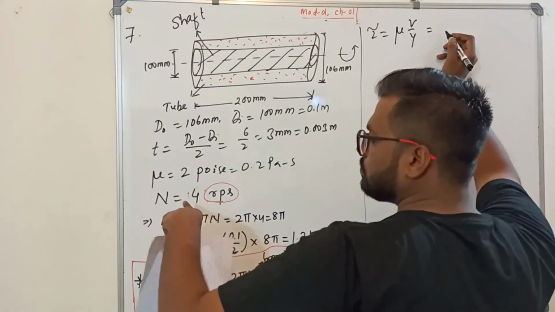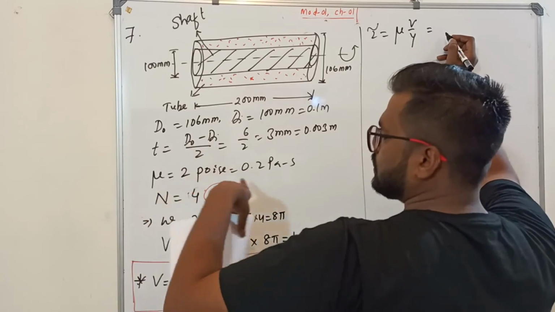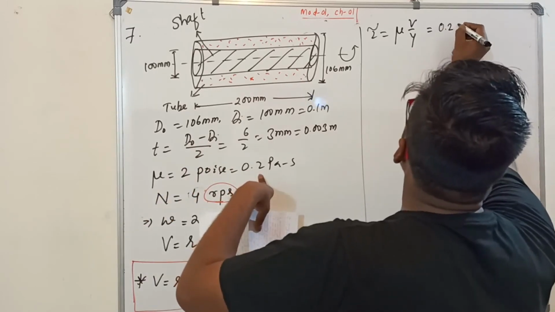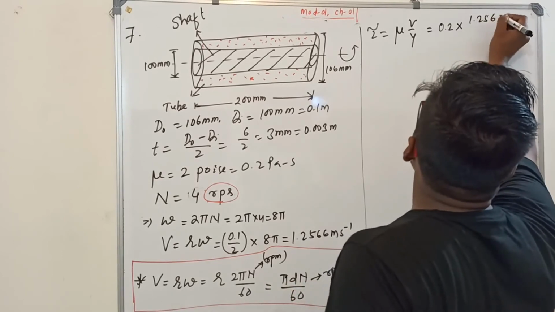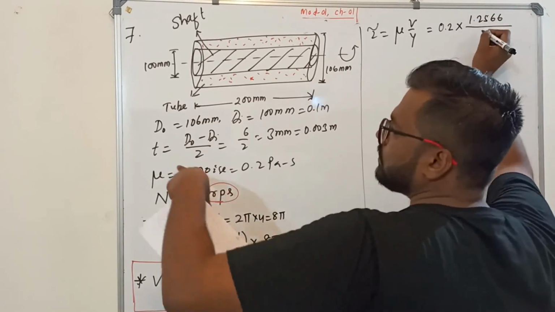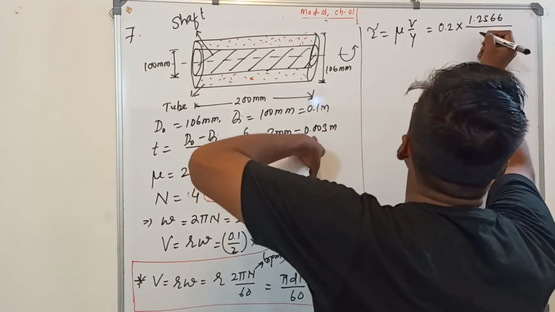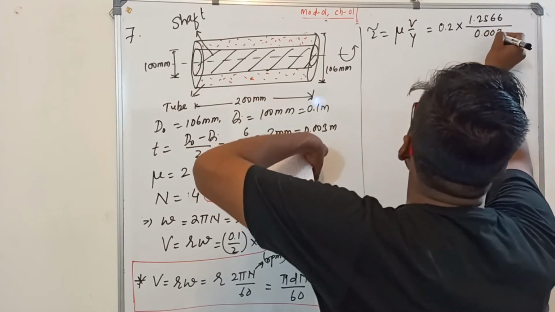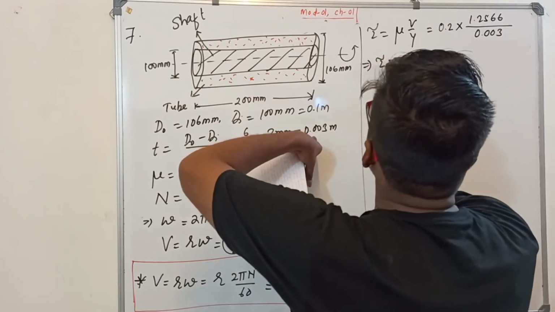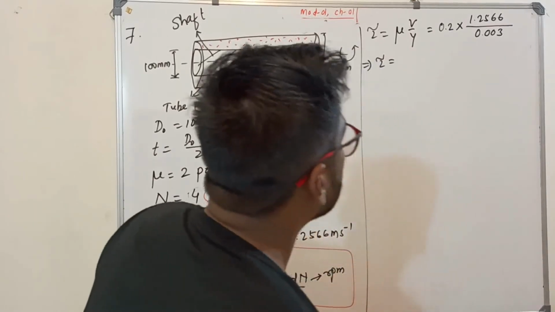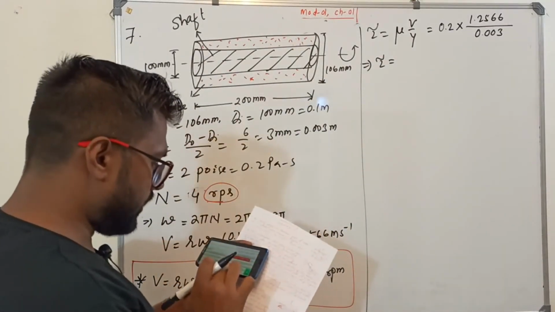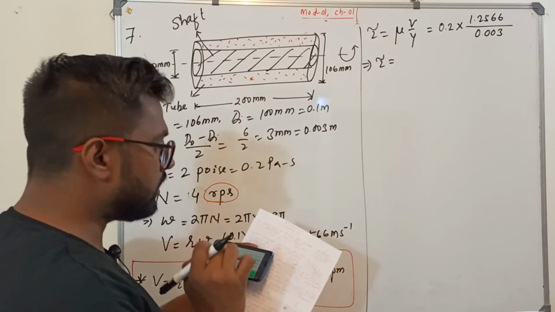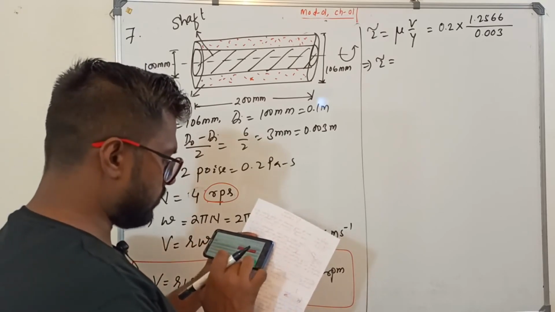So now I know mu. What is the value of mu? Sir, mu is given, 0.2 Pascal second. Sir, velocity you got 1.2566 meter per second. Sir, we know the thickness y of the lubrication fluid is 0.003. From here, we will calculate the value of shear stress: 1.2566 divided by 0.003, multiplied by 0.2.